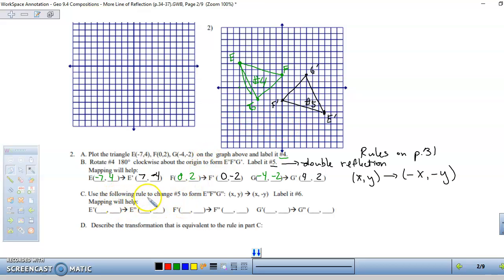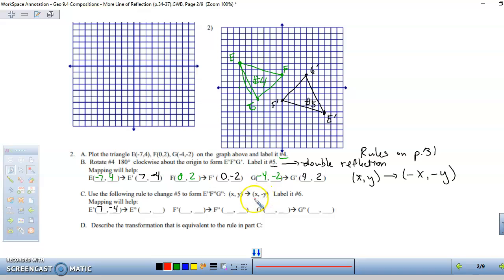So use the following rule to change number 5 to form E double prime, F double prime, G double prime. So this rule, again, is a different rule than what we just did. You're going to change the sign of the Y value from E prime. So E prime is 7, negative 4.